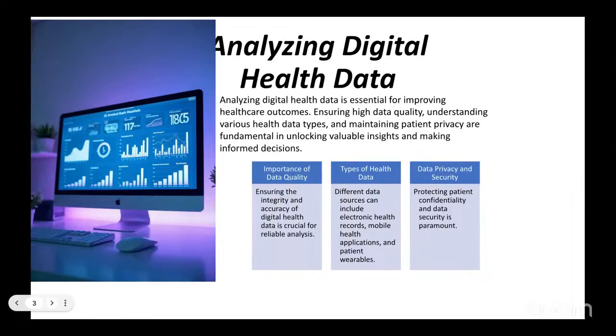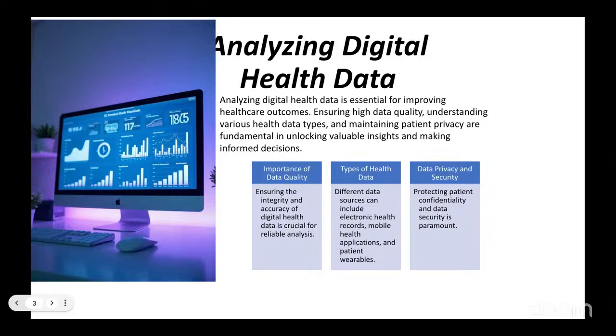Those are a few dimensions that perhaps we could think through to ask ourselves. So it's very important that we make sure that the data that we are going to analyze is really of quality.